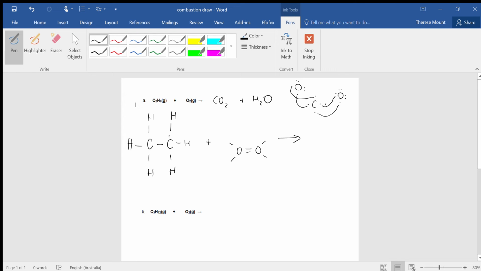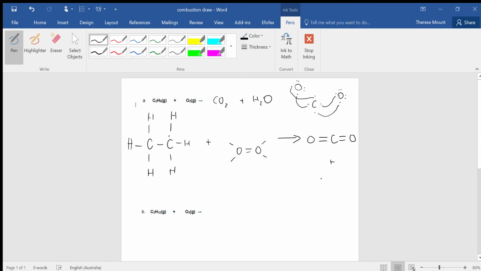So 1 bond, 2 bonds, so double bond to that oxygen, 1 bond, 2 bonds, another bond to that oxygen, and we can put those lone pairs in for the oxygens if we want to, or we can leave them off. Okay, so that's my carbon dioxide.